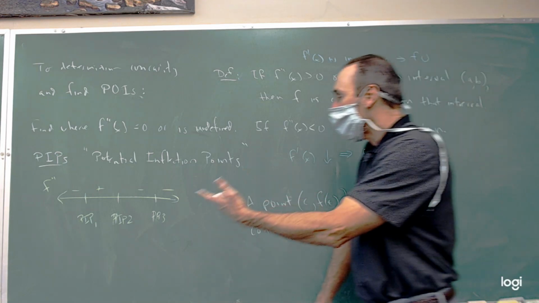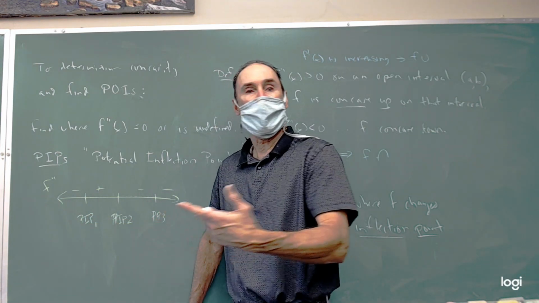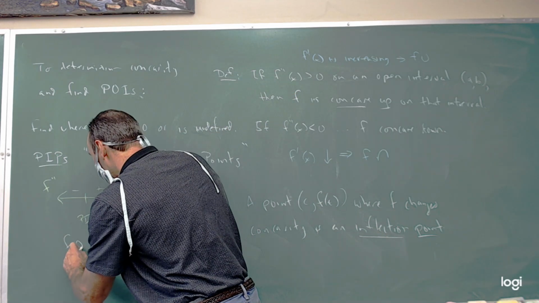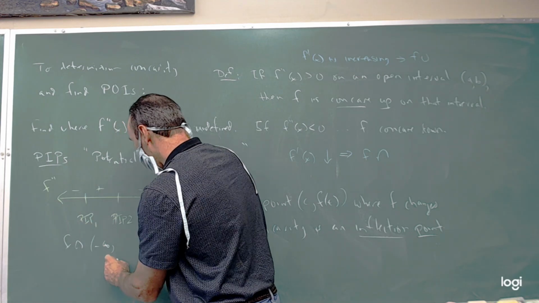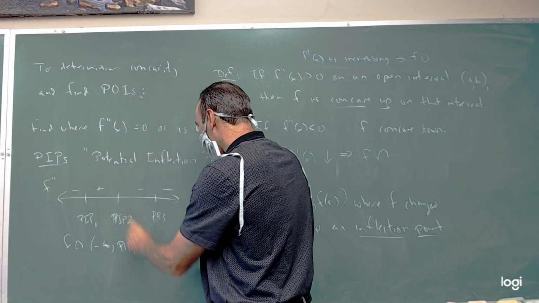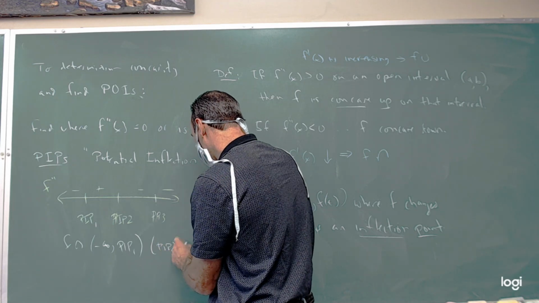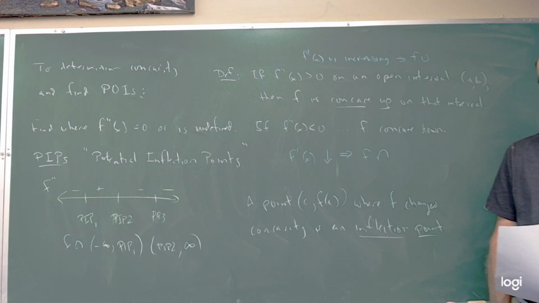So we know that where the second derivative is negative, it's going to be concave down. Good. So f is concave down from negative infinity to pip 1, because I didn't give that a name. And also from pip 2 to infinity, and so on. Does that make sense?